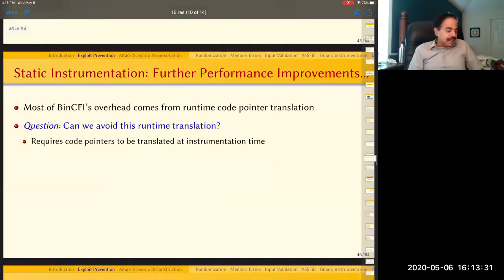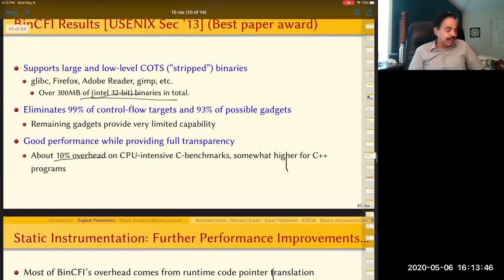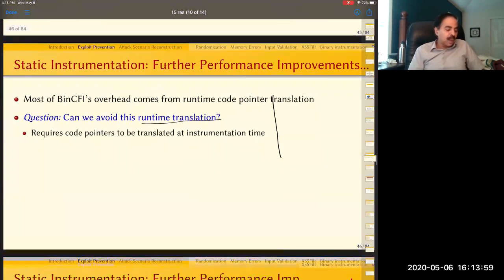And one of the questions is, as we said, there is this translation of code pointers that is done at runtime, which, although it is not as expensive as dynamic binary instrumentation techniques, is still a non-trivial overhead of 10%. And so the students asked whether we can further improve on that.